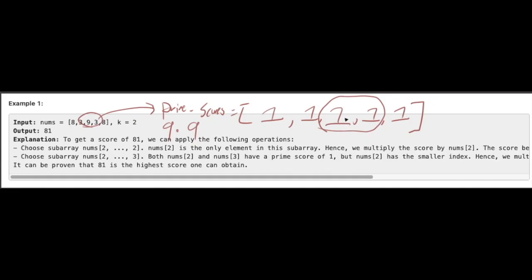And if they have 1 as the prime score, then we can choose the leftmost one, which is also 9. That's why we can choose 9 again for this subarray. So this 9 comes from 2 to 3, and this 9 comes from 2 to 2. They are coming from different subarrays. So that's why we get this 81.